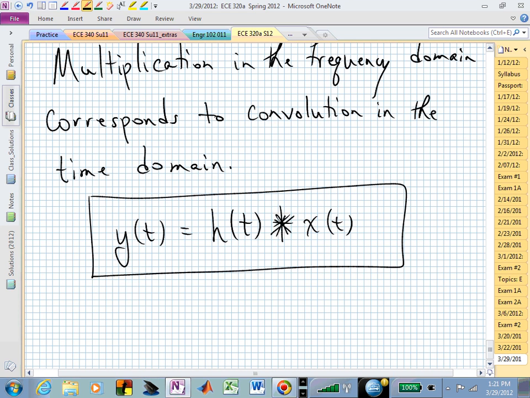We have time domain and frequency domain, and we said convolution in the time domain corresponds to multiplication in the frequency domain. If I want to convolve in the frequency domain, that's now multiplication in the time domain.